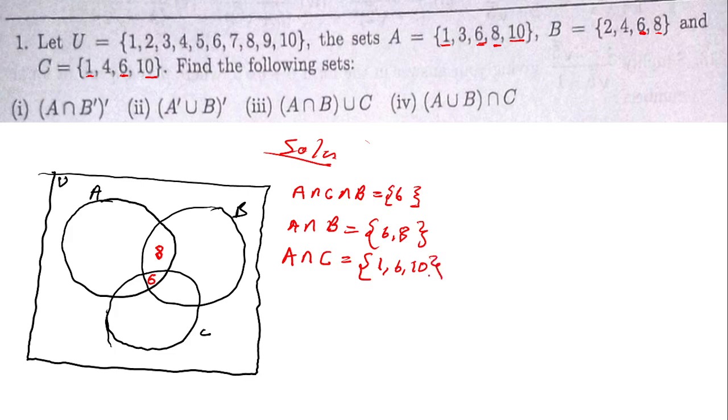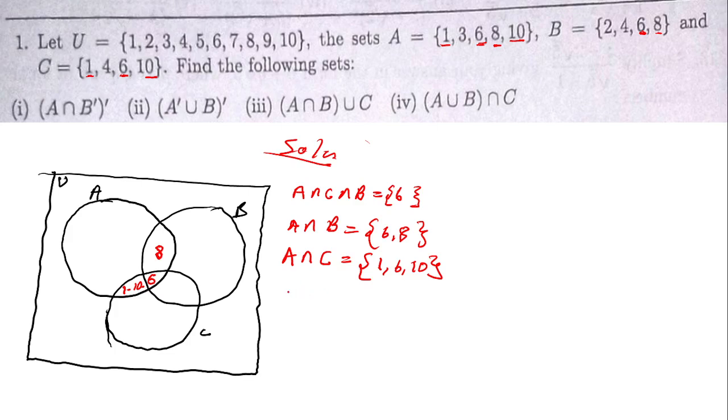These are the 3 members which are in both set A and C. So I'll put my 1 there, I'll also put my 10 there to make the set A intersection C, which has 1, 10 and 6. 6 is the one which is found in all the sets.